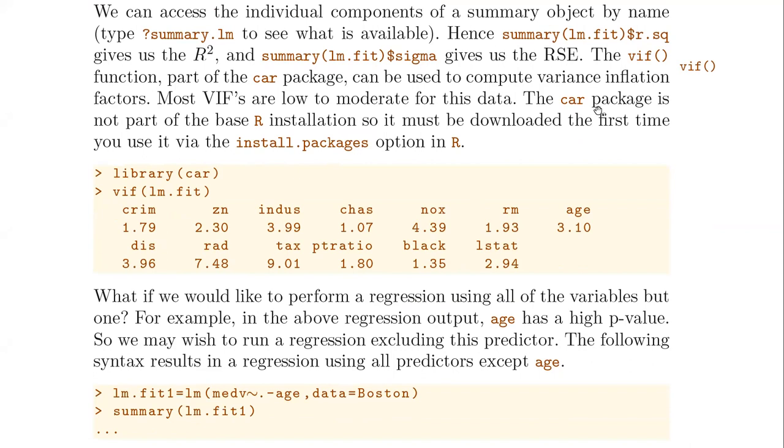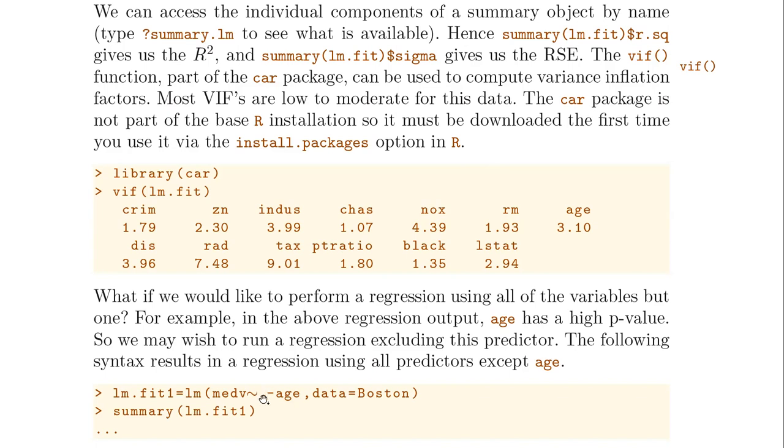Reading on, what if we would like to perform a regression using all of the variables but one? For example, in the above regression output, age has a high p-value. We already discussed that. So we may wish to run a regression excluding this predictor.